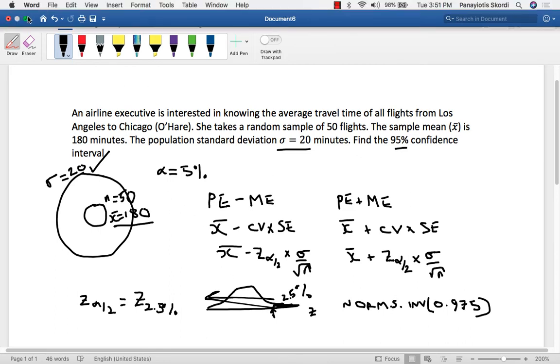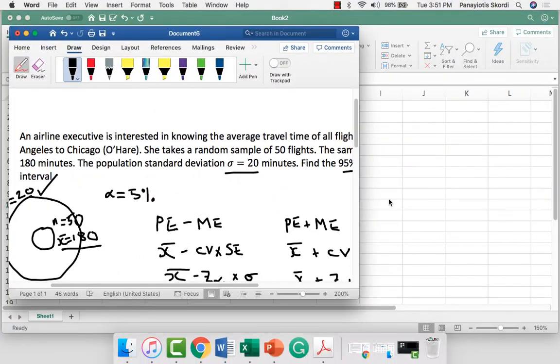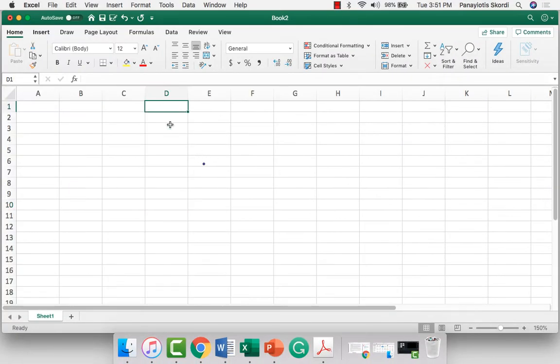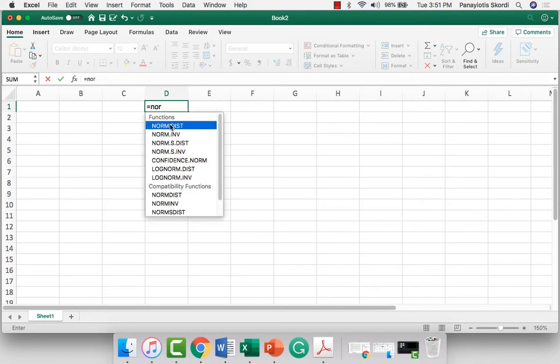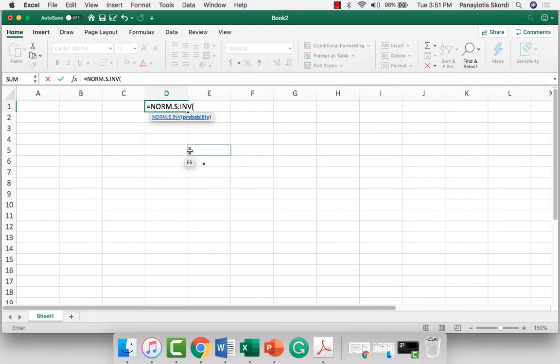Let's go over to Excel. So we can do equals norm.s.inverse of 0.975, and let's see what that gives us. Oh, about 1.96.